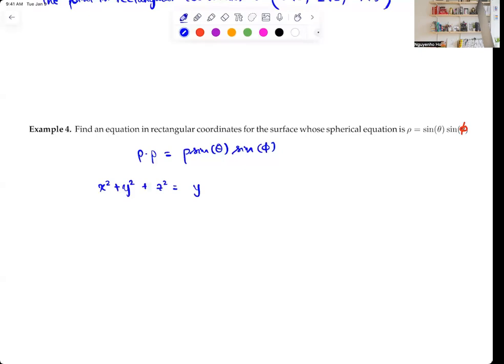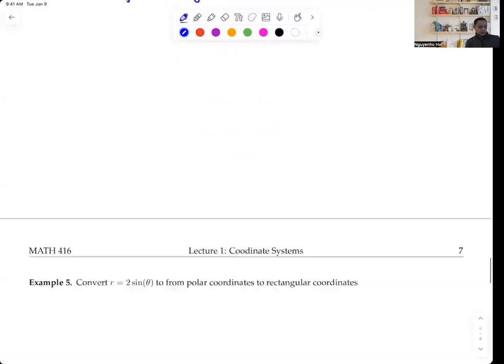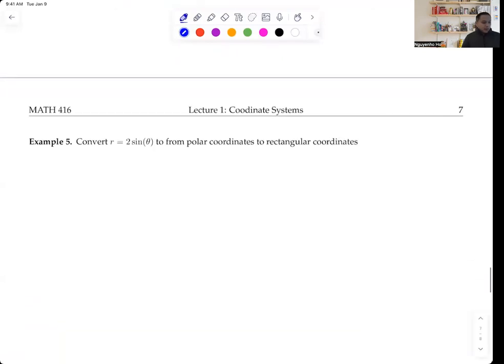So this formula represents whatever you have in spherical coordinates. You convert that into rectangular coordinates. Good, simple, right? Not too bad. Any questions? What about this one?